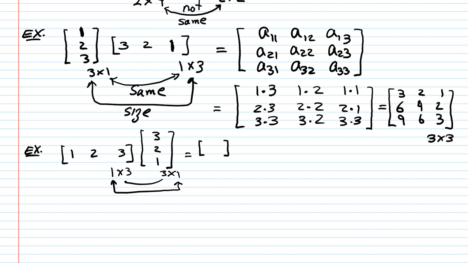A 1 by 1 matrix is just that, right? Has 1 row, 1 column. So how's the product going to go? First row, first column. The only row and the only column. You multiply the elements like that. So I do 1 by 3 plus 2 by 2 plus 3 by 1. And the sum's going to be 10, right?